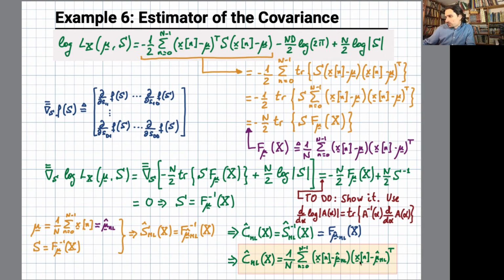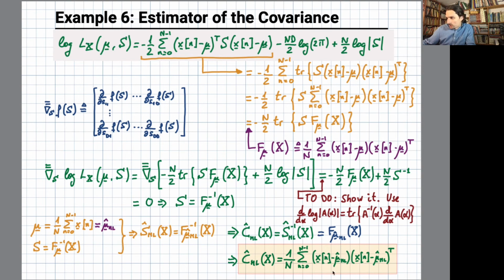So note that this generalizes the expression for the ML estimator of the variance, right? Now, instead of having x minus mu ML squared, we have the product of this column vector and this row vector, right?